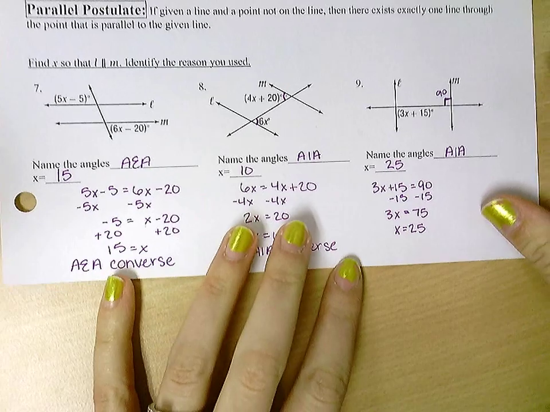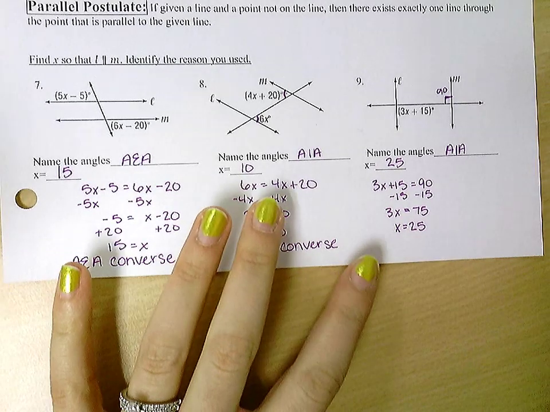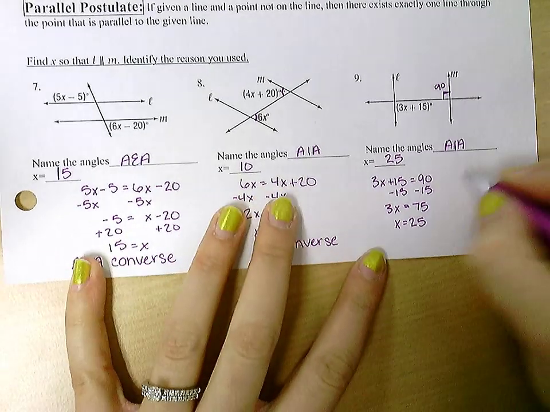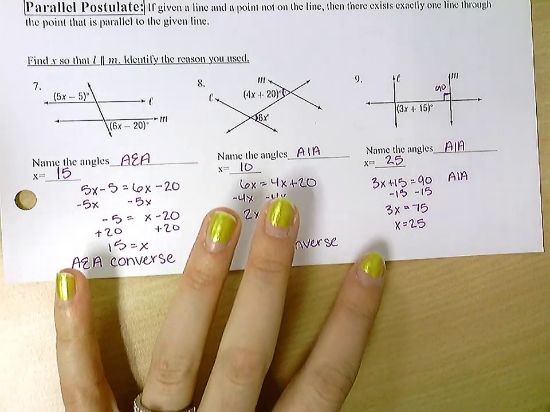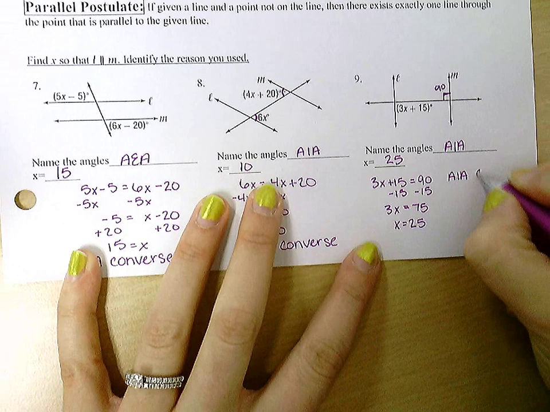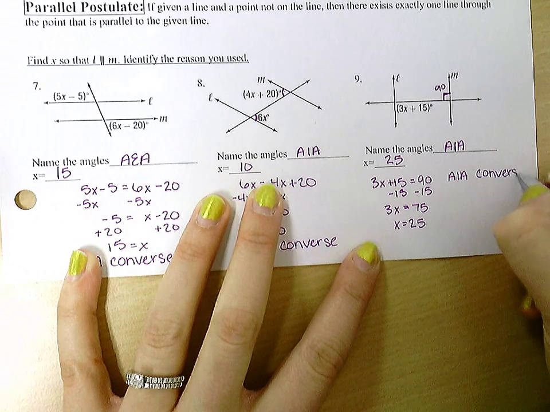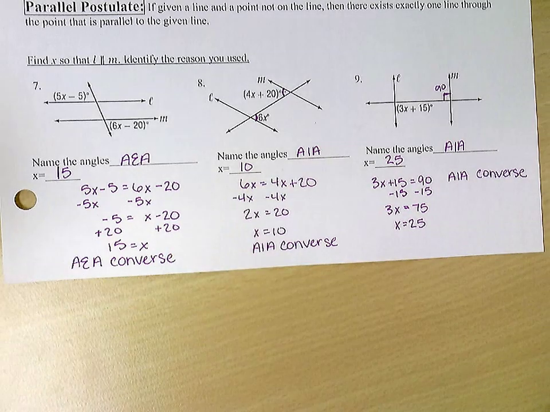Can you figure out what the other reason that you could use here is if you look at the top of your note sheet? If you figure it out, say it to your partner. Okay, what is it? These two lines are perpendicular to the same line.